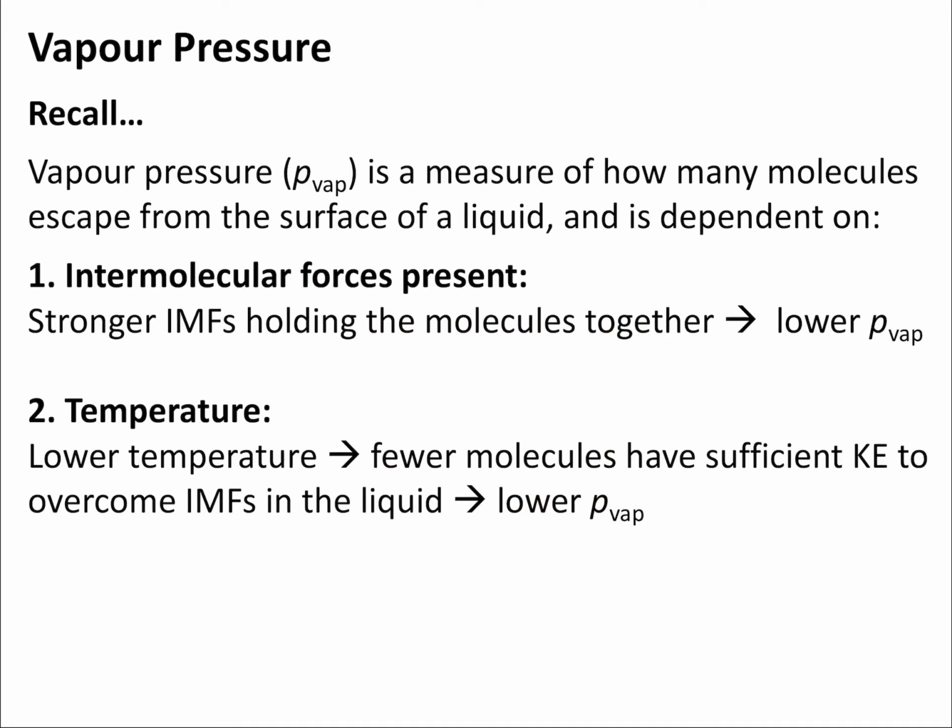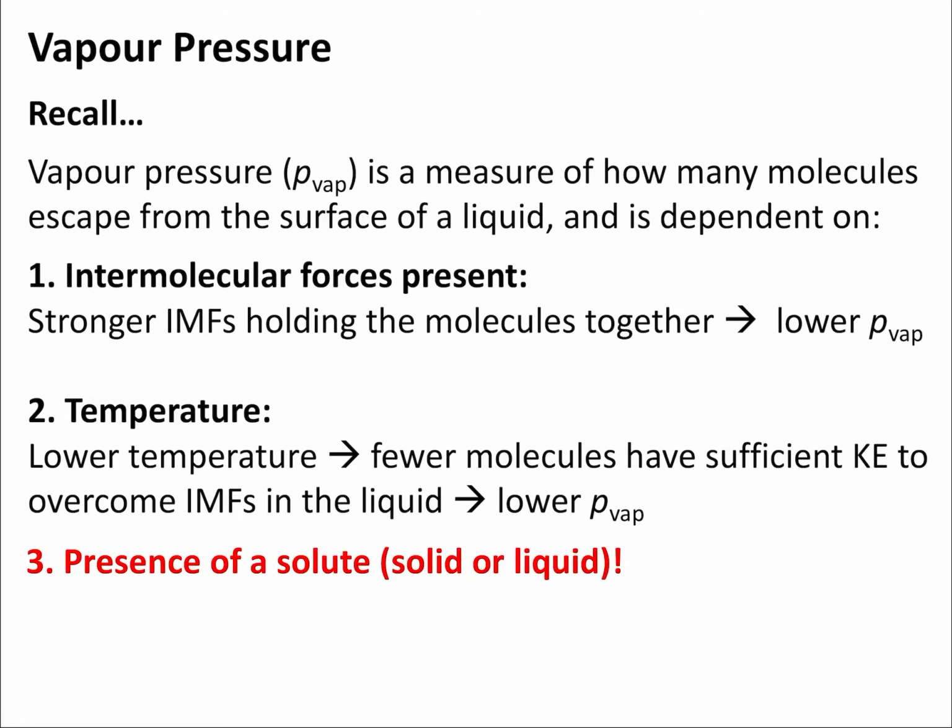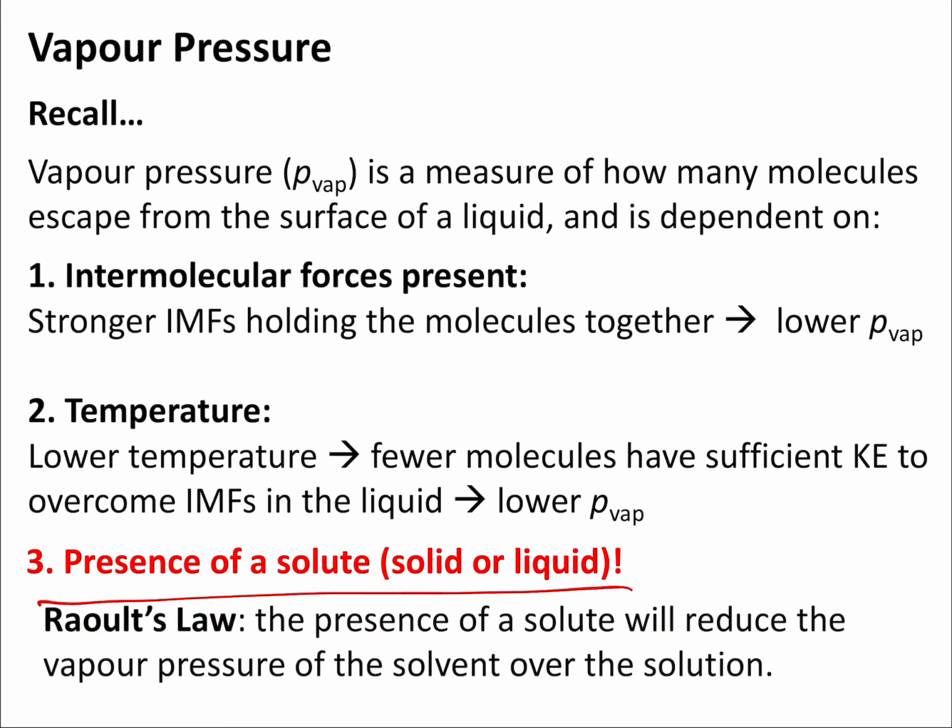So vapor pressures are higher at high temperatures and lower at low temperatures. And of course, we have the Clausius-Clapeyron equation, which describes that more quantitatively. Third one that we're going to introduce right now is the presence of a solute, solid or liquid. If you dissolve something into a liquid, that's going to lower the vapor pressure of that liquid. It's called Raoult's law. The presence of a solute will reduce the vapor pressure of the solvent over the solution.